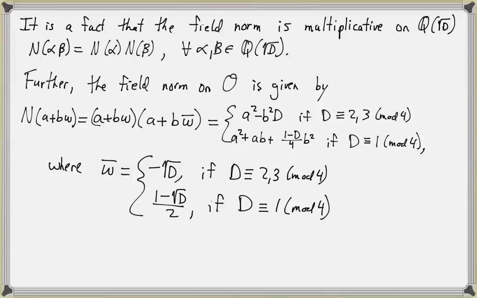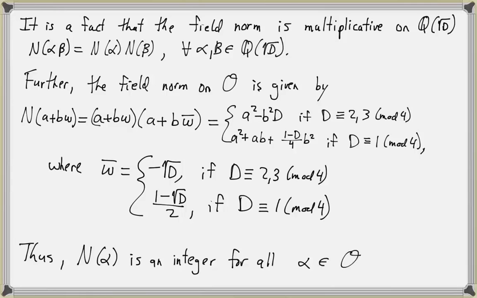And recall that if d is 1 mod 4, then 1 minus capital D will also be divisible by 4, and therefore be an integer, and we have an integer times b squared. So in either case, the field norm is an integer. N of alpha is an integer for all alpha in the quadratic integer ring.